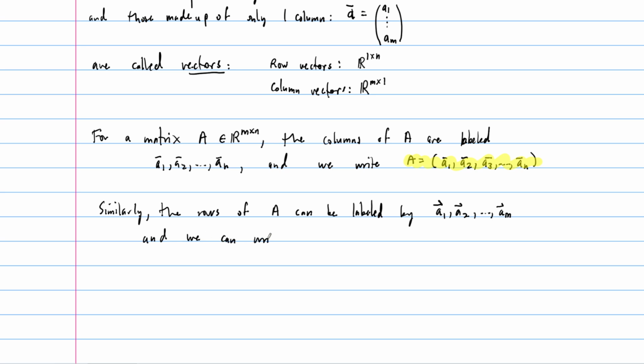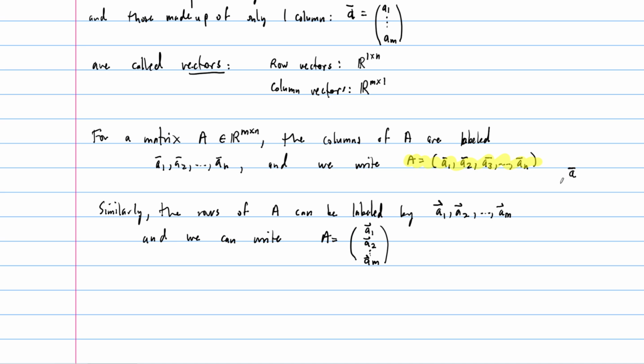This is something that we may find useful. In this case, A will be equal to the column vector whose entries are its row vectors. Notice there are m row vectors and n column vectors.